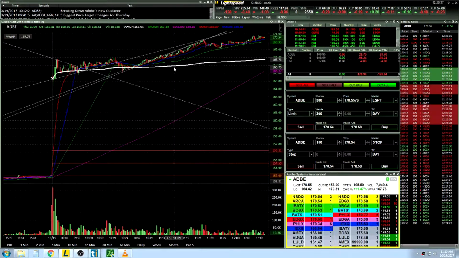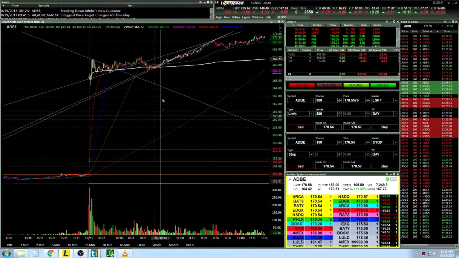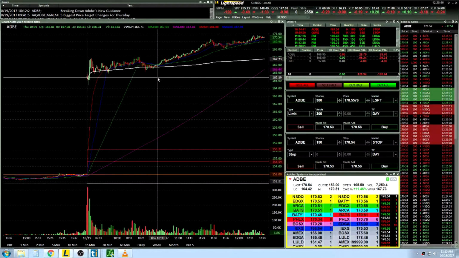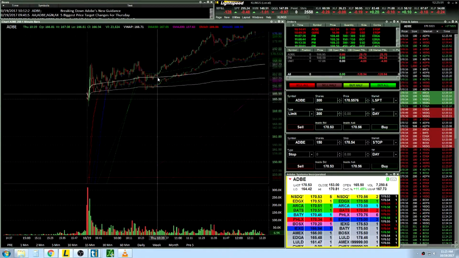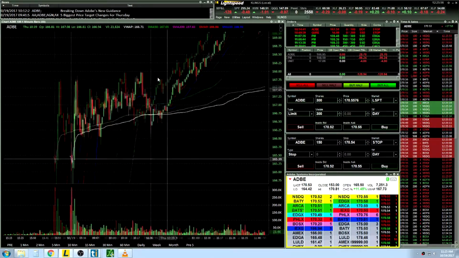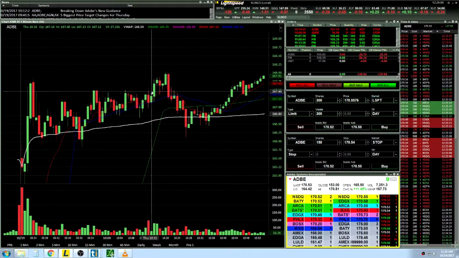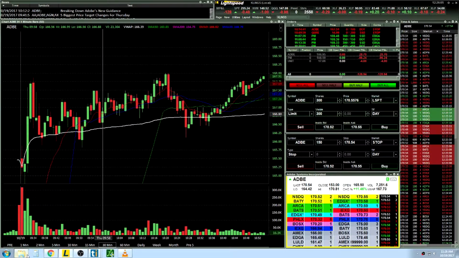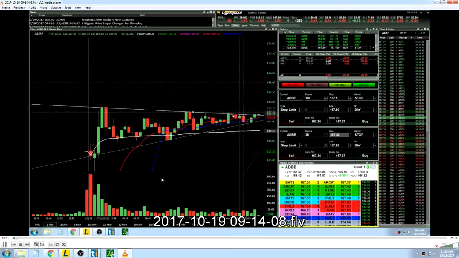And then I was also looking at Adobe. I can't remember where it was. I think it might have been on the breakout. I'll have to go back and look at the video again here. Yes, this was it.